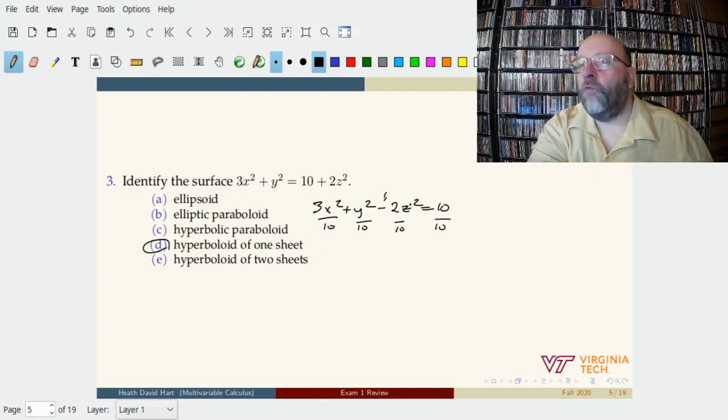If you don't have access to the decision tree, or you can't remember the decision tree, or it takes you a while to work through this, another way of thinking about this is to look at the intercepts. We have intercepts on all three axes.